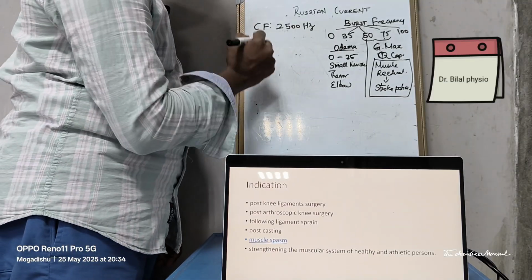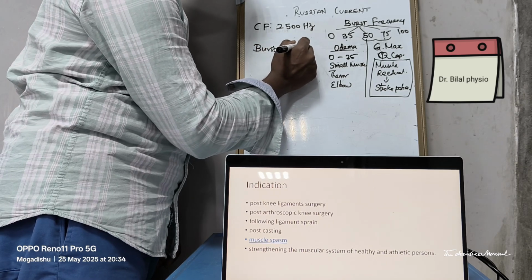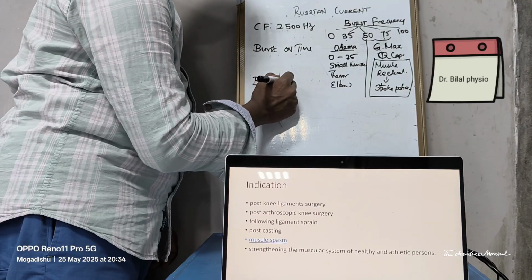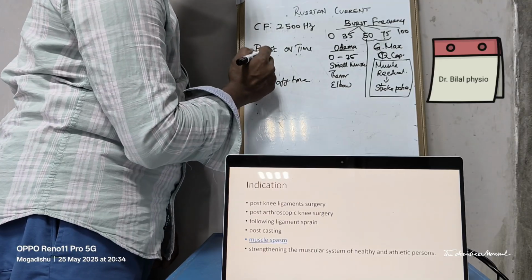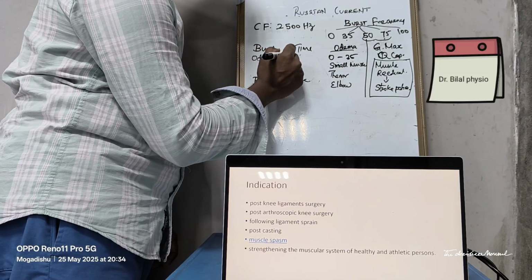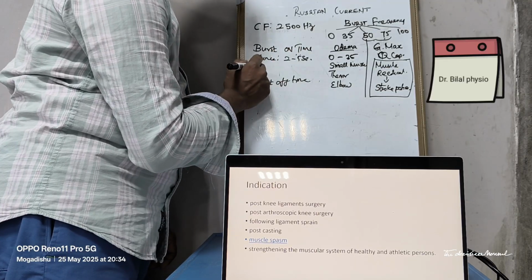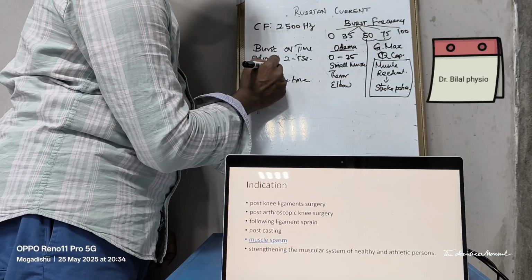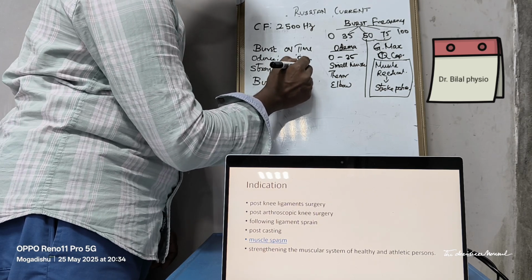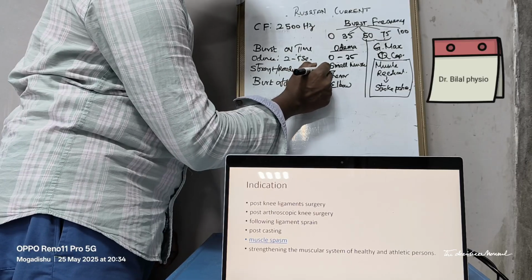Now the burst on time and burst off time protocol. Burst on time for edema will be 2 to 5 seconds. For strengthening or re-education, it will be 10 to 15 seconds.